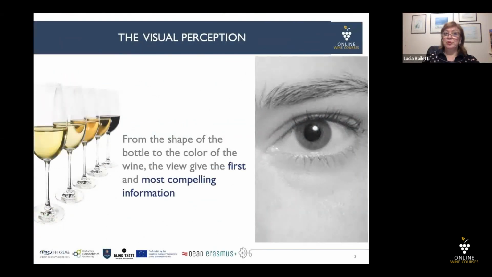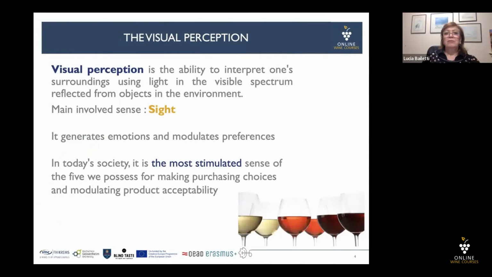Visual perception. From the shape of the bottle to the color of the wine, the view gives the first and most compelling information. Visual perception is the ability to interpret one's surroundings using light in the visible spectrum reflected from objects in the environment.